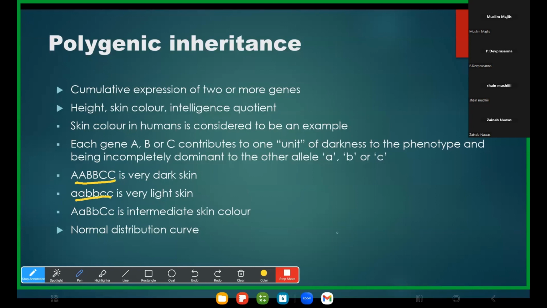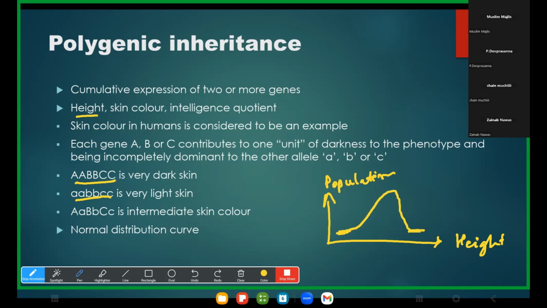very rare. If we consider a graph of the population with respect to, let's say, height, extremely short people and extremely tall people would be rare. And the number of people who are intermediate would be high. Why? The chances of being intermediate is more possible than having these two extreme cases.